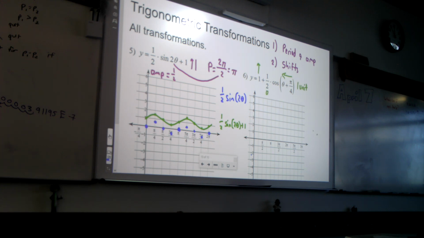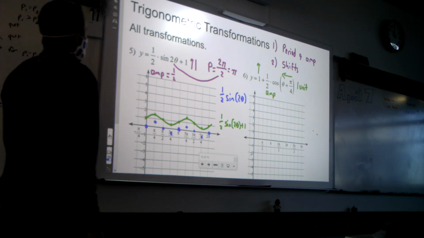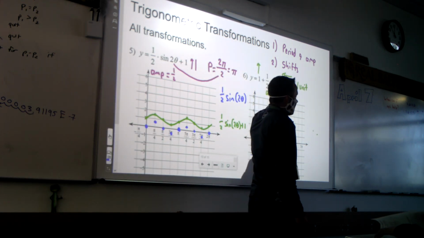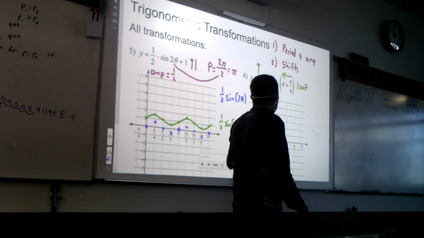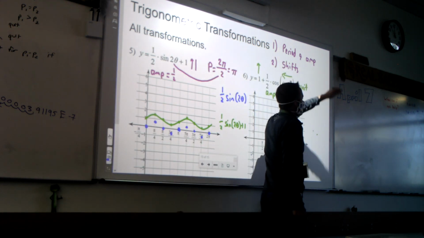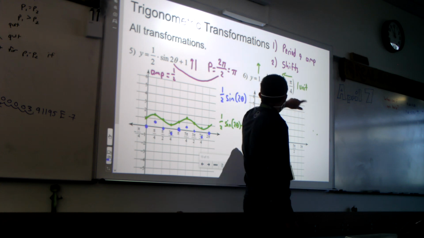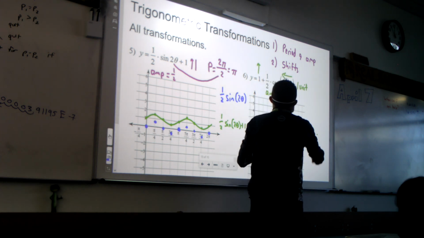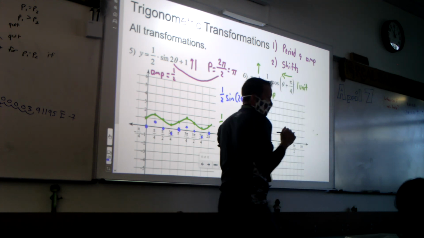That's your amplitude. So this is actually very similar to what we had last time, where we have an amplitude of 1/2 and a shift up 1. But notice here we're not changing the period because we're not multiplying theta by anything. Instead, we're just going to shift it to the left. So if we're going to start by doing changes to the period and amplitude, there's not a change to the period, just to the amplitude. So we're going to do the amplitude, and then afterwards we'll shift it up 1 and to the left 1.